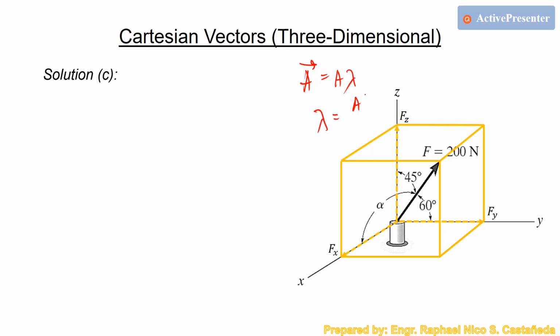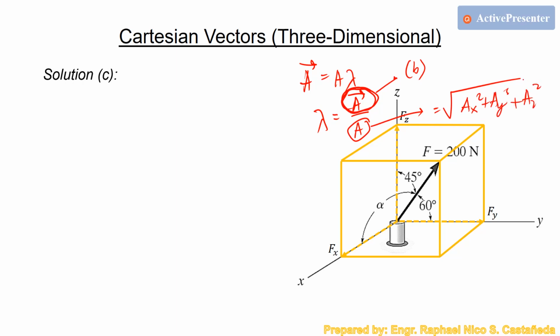So we just want to calculate a vector, and we already have this one from part B. A can be calculated using the formula of square root of ax squared plus ay squared plus az squared. So these three values right here, we already have that. So using this formula, unit vector equals A vector, which we already have, and this one is easy to calculate.